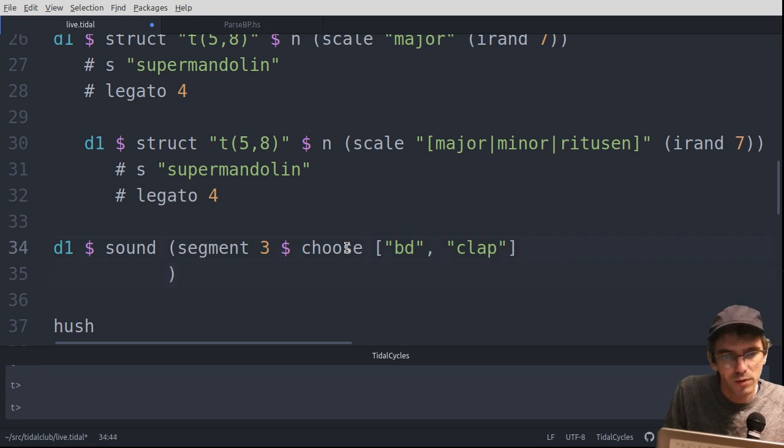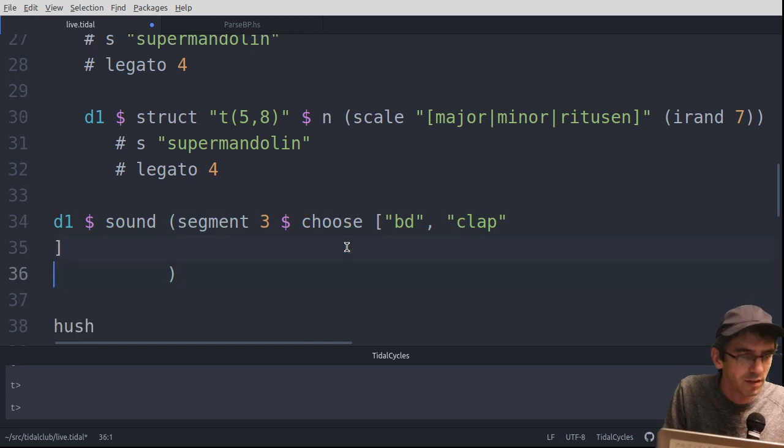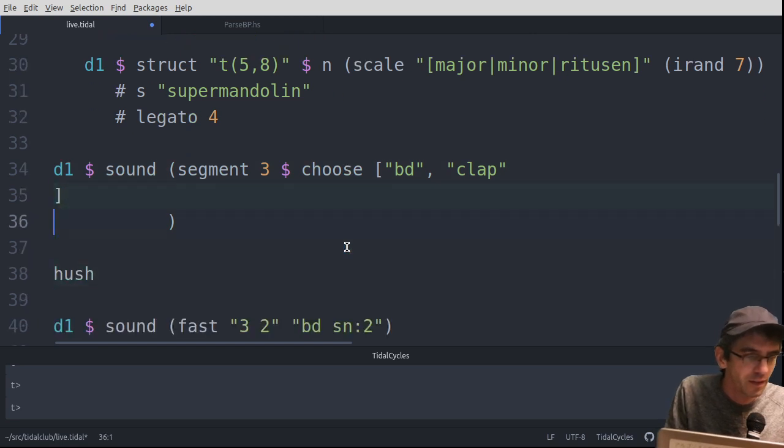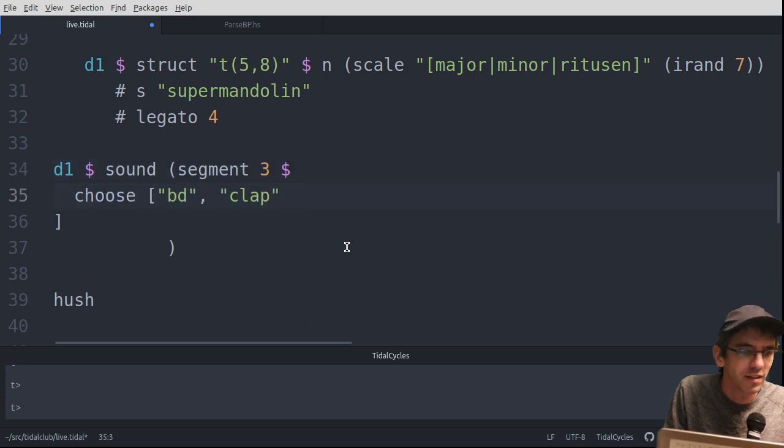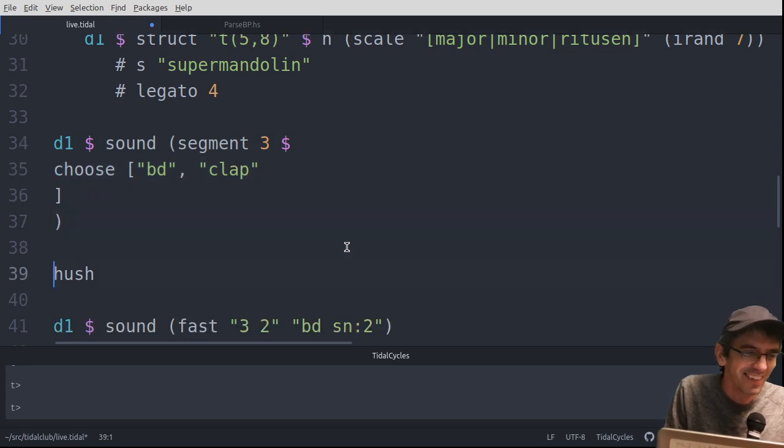So there's rules about how these things are. Yeah, I can't seem to get anything that doesn't work though. Yeah, I can't seem to break Haskell at the moment.